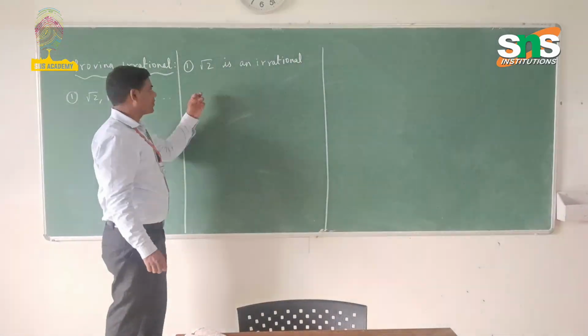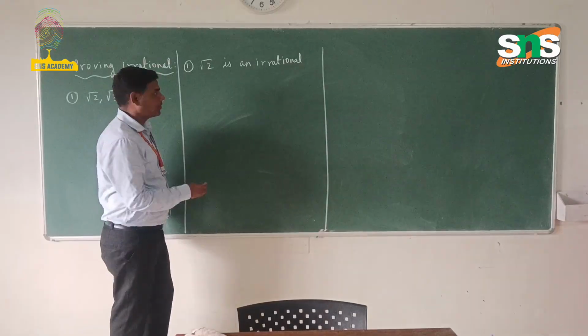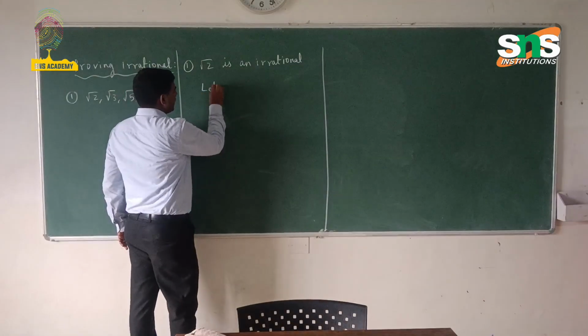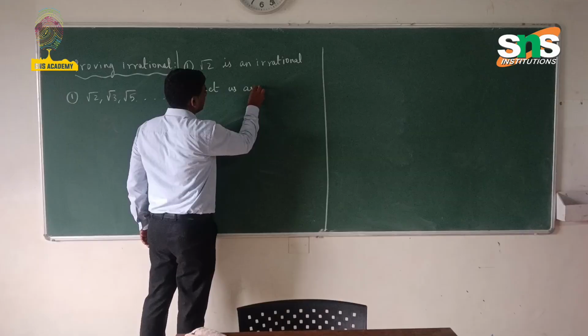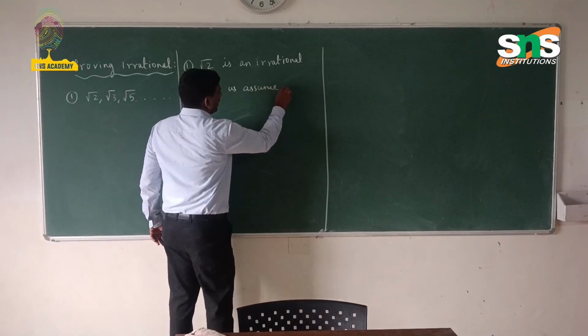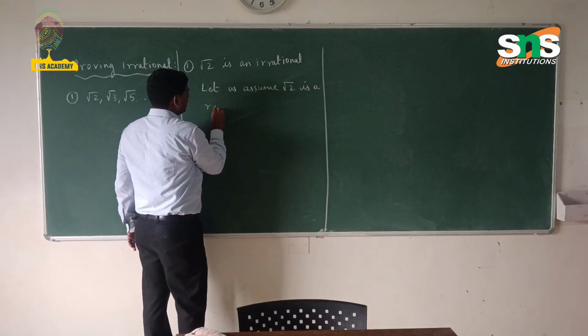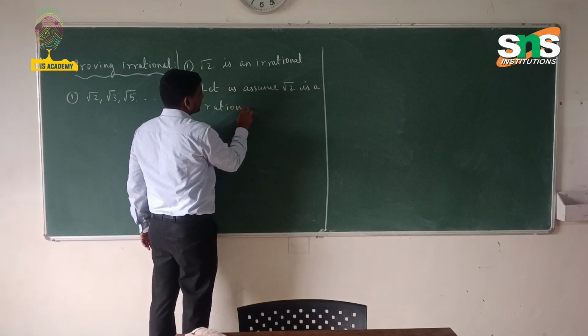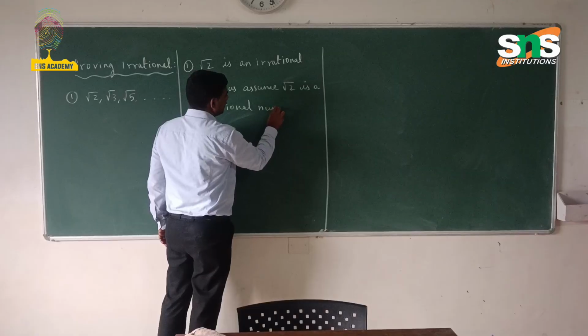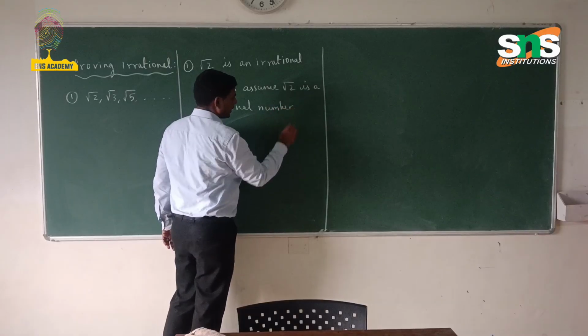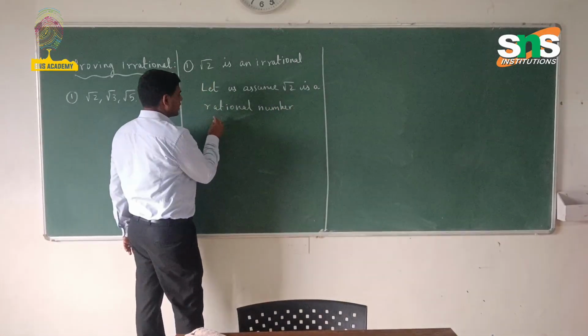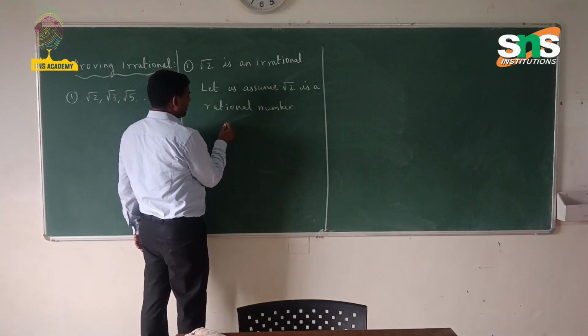When we are going to prove that root 2 is irrational, first what we have to do is assume that root 2 is a rational number. And we know that a rational number will be in the form of p by q.